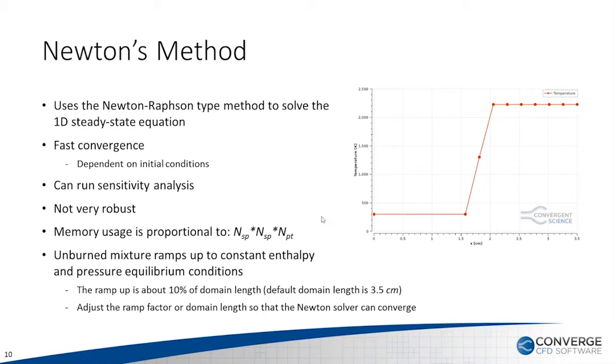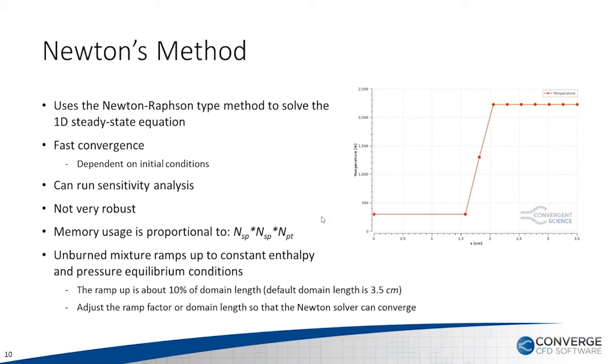So for initial conditions, what we did inside of the solver is we use constant enthalpy and pressure equilibrium conditions to initialize the temperature and the species mass fractions.